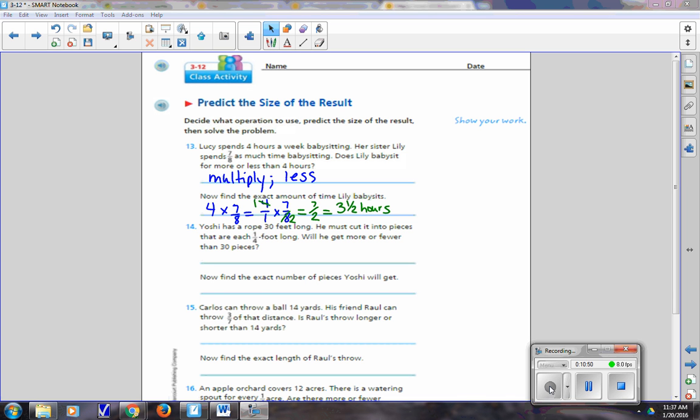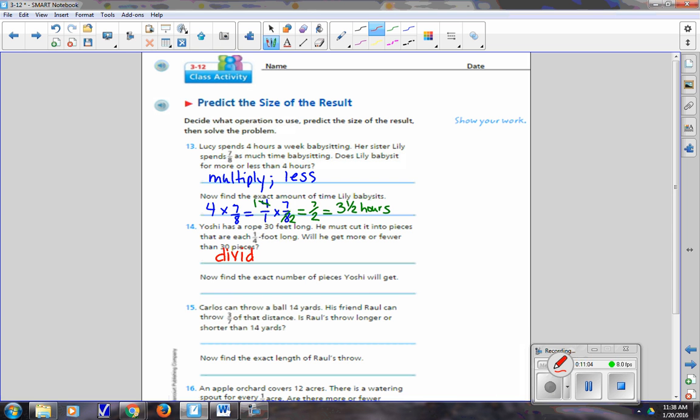Okay, number 14. Yoshi has a rope 30 feet long. He must cut it into pieces that are 1/4 foot long. Will he get more or fewer than 30 pieces? So first we need to decide multiplication or division. And our class resoundingly said we're going to divide, and we're going to have way more pieces. Now find the exact number of pieces that Yoshi will get.